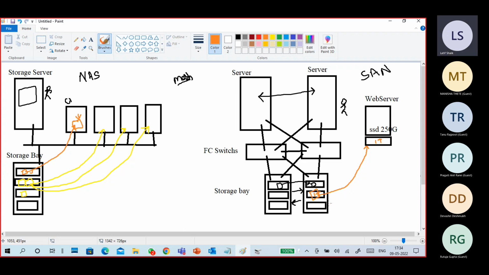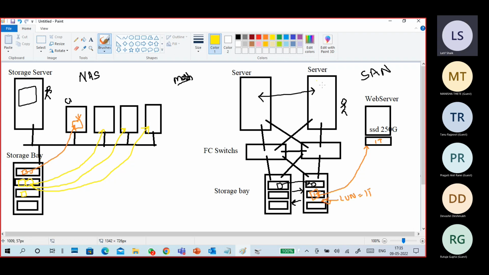So this, we call it a LUN, logical unit number. He created a 1 terabyte LUN in the storage bay and gave access to the server. It is attached directly to the server, so you can store the data onto the hard disk.